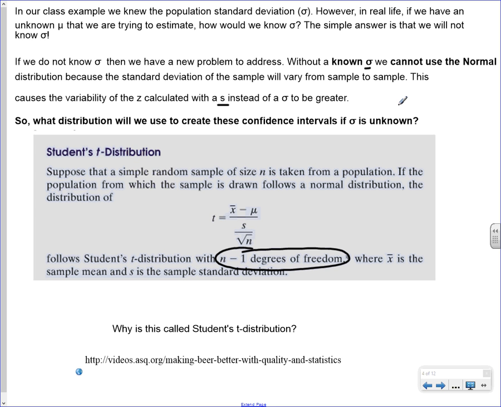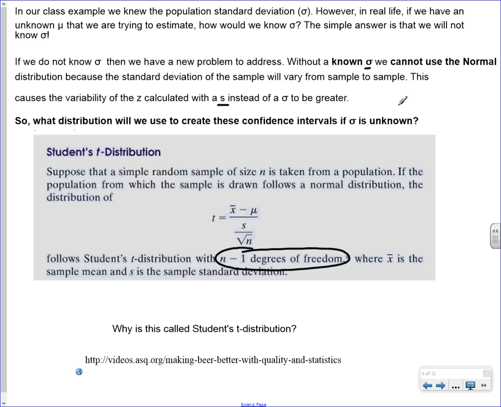Well, that's different than when I'm looking at the normal distribution. The normal distribution does not change based on your sample size. The normal distribution always looks like a normal distribution if that distribution is normal. But if S depends on your sample size, then we're going to see different distributions for each sample size, okay?